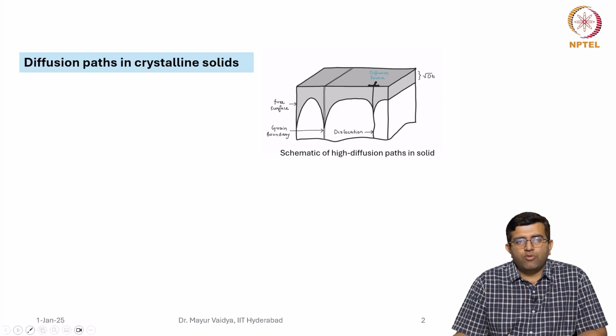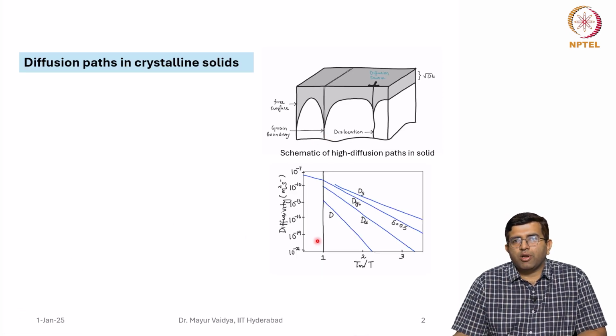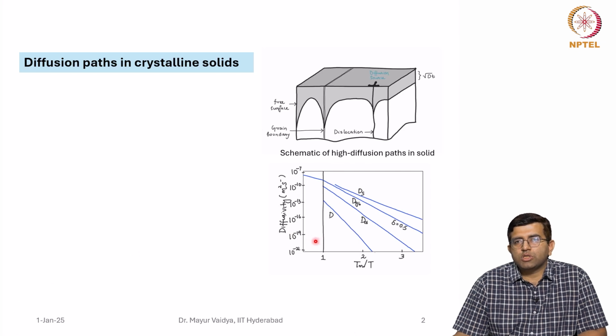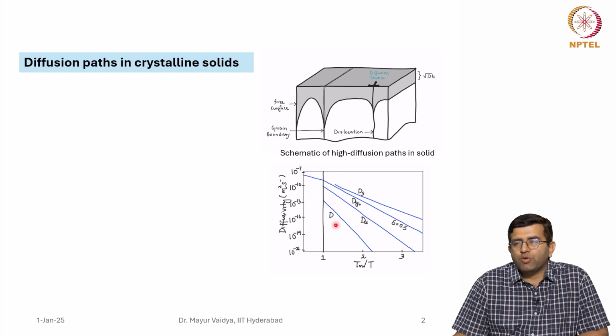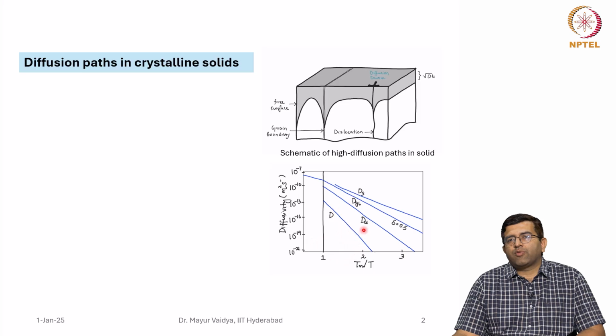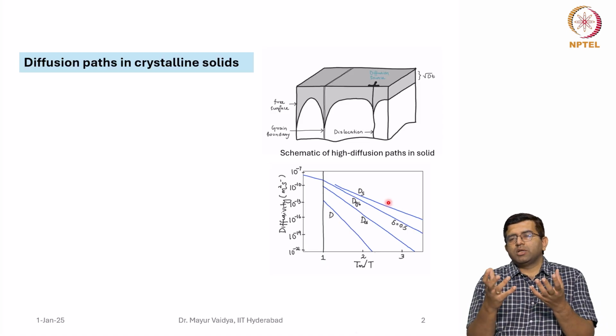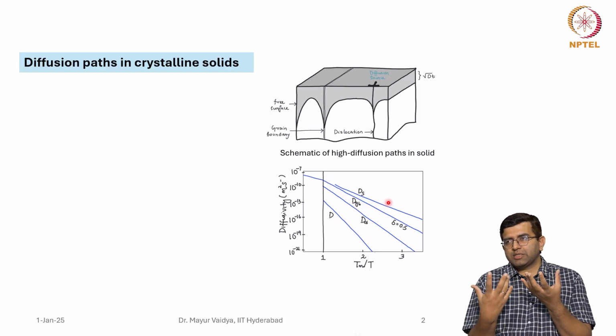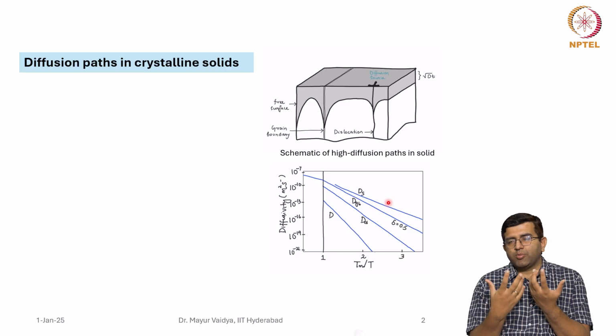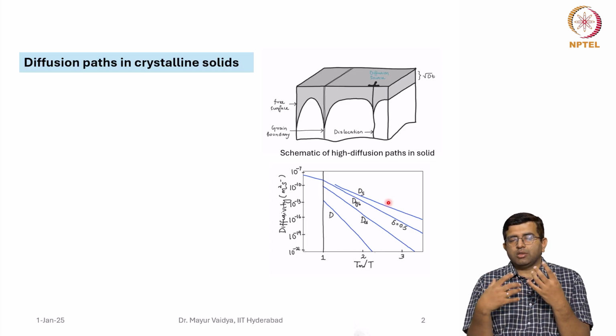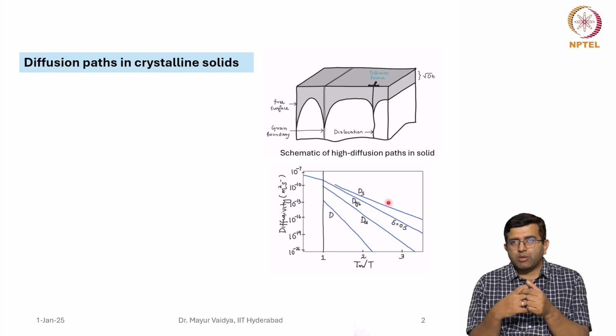And usually, if you plot the hierarchy of the diffusion coefficients, then the lattice diffusion is the slowest, followed by dislocation movement, then higher is the grain boundary diffusion, and the highest is the surface diffusion. Because you can imagine that in the lattice the atoms have a more periodic arrangement, whereas in the case of grain boundary the atomic arrangement becomes distorted.